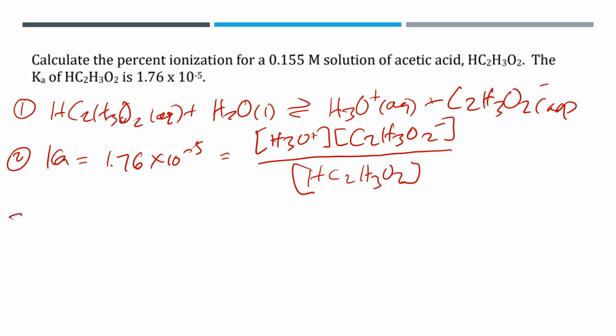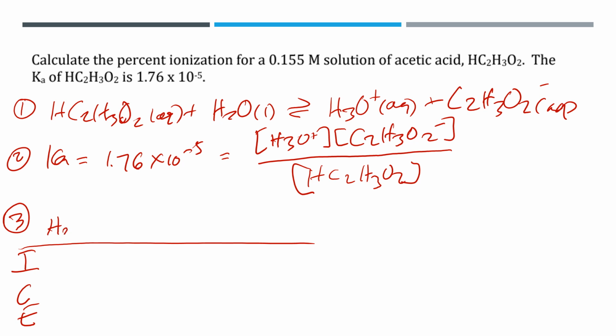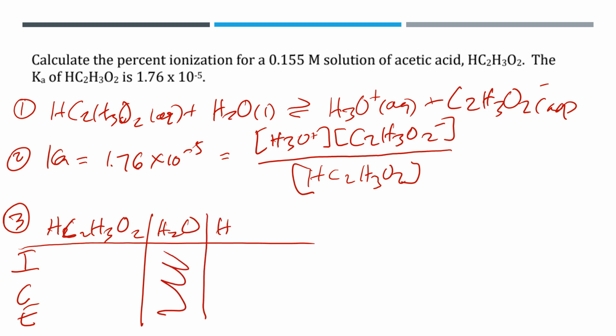Next, you have to find your concentrations. So we have to find the concentration of the hydronium ion at equilibrium. It means we have to do a nice ICE chart for that. We have our acetic acid, water, which doesn't factor in, hydronium ion, and then acetate.